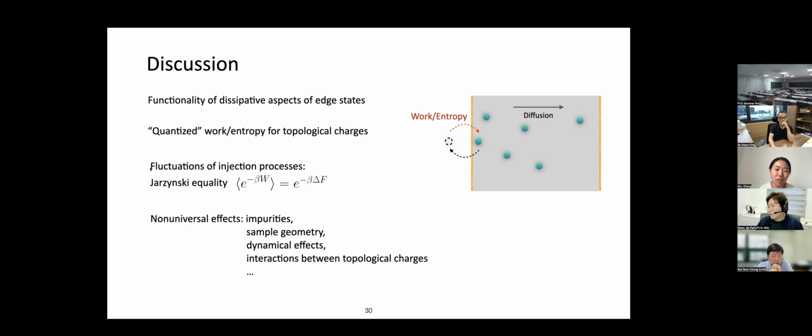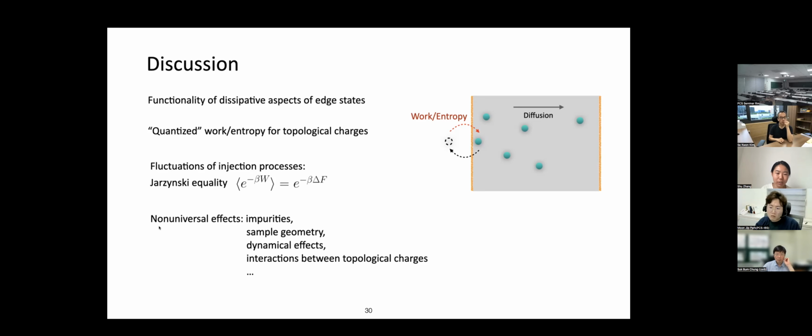And fortunately, our approach, as I discussed in the last two examples, still applies when we consider noise or fluctuations of injection processes, because there is the Jarzynski equality: instead of considering the average of the free energy, we can consider the average of the exponential of the free energy. And according to Jarzynski, this average still applies when we consider fluctuations over different realizations of this injection.